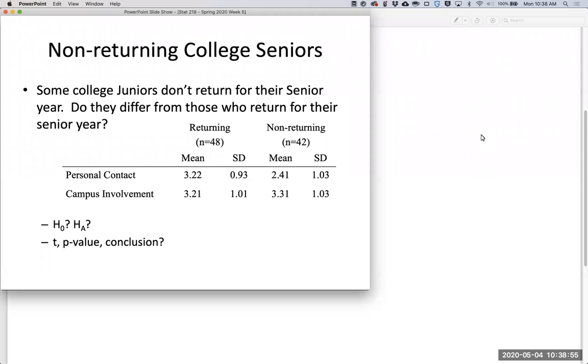They want to figure out why students don't return for their senior year. And so again, we've got a sample of 42 students who do not return for their senior year, and we've got a sample of students who do return, the non-returning, and then the returning students.